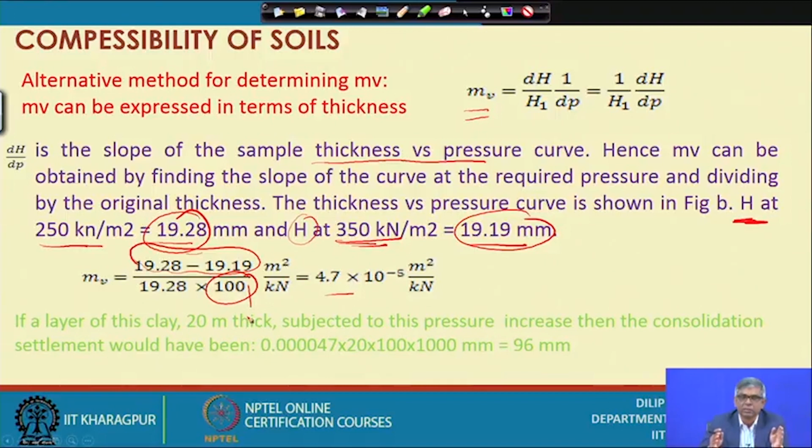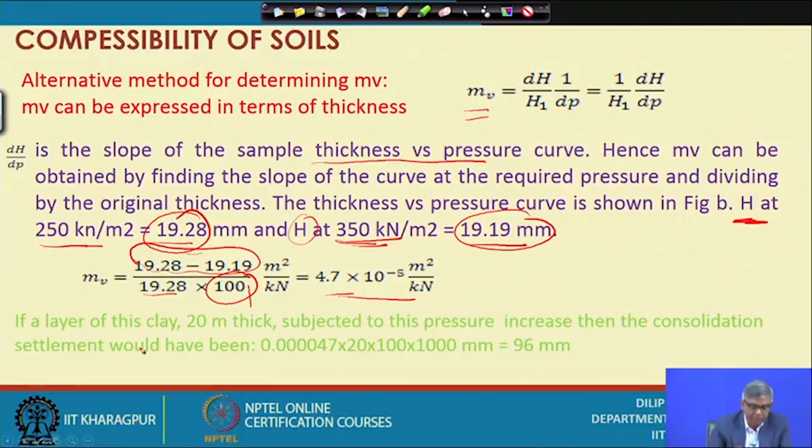Because of this change of pressure, the thickness changes from the original 19.28 to 19.19. The difference is del H, and del H divided by the original thickness 19.28 gives, in this calculation, 4.7 into 10 to the minus 5 meters per meganewton.